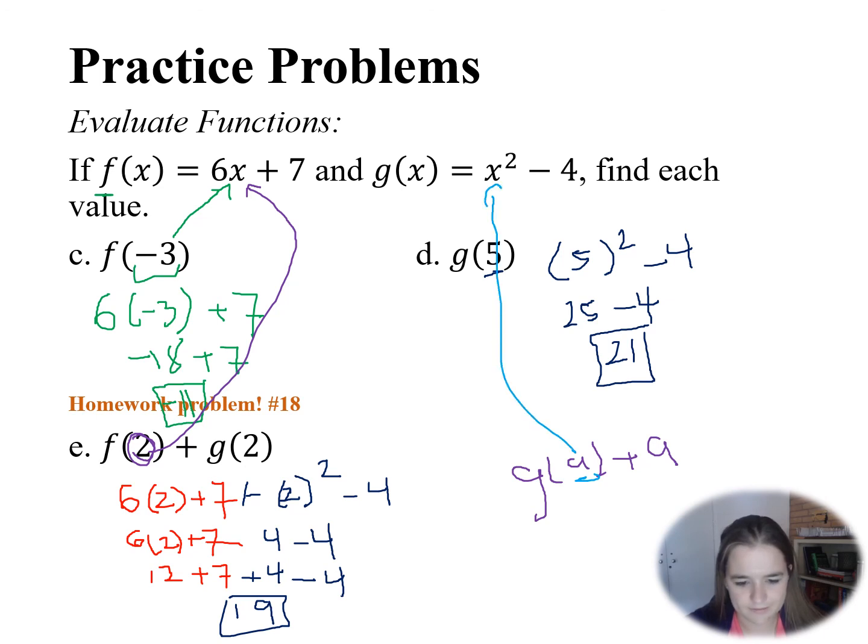So I get x, or a, quantity squared, minus 4. And then I can't forget about this piece that is on the outside of my function notation. So then this drops down as the outside here. I'm not going to finish it up for you, but that gives you a good start. I think that's number 15 in your homework.